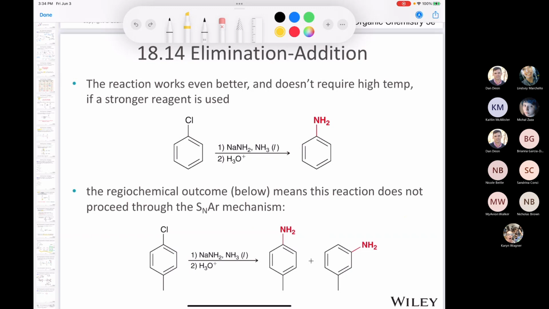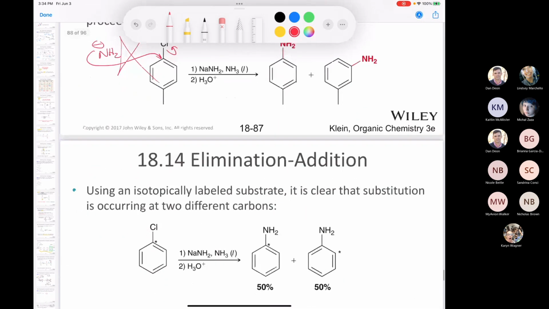How is this happening? It can't be an SNAR reaction. That's impossible, right? It can't be that the amide is acting as a nucleophile and then you're getting an SNAR, because then how the heck would you end up with this product? So it cannot be what's happening. And so they tried something else.